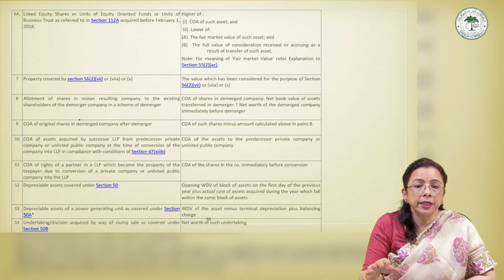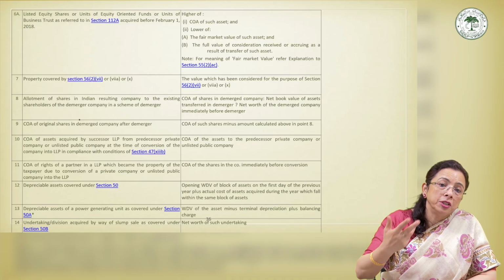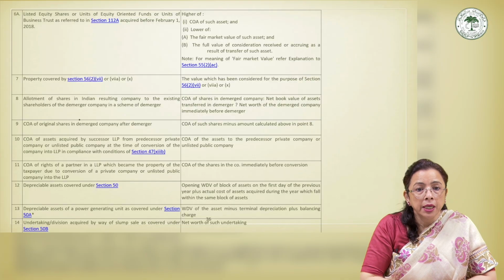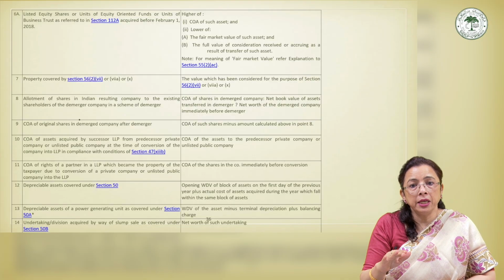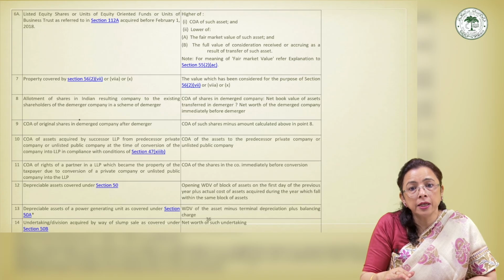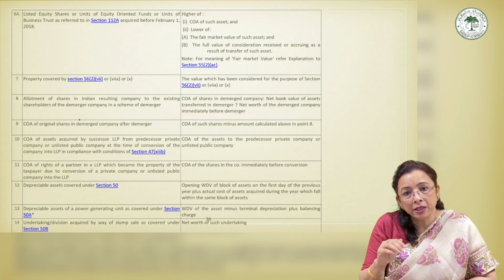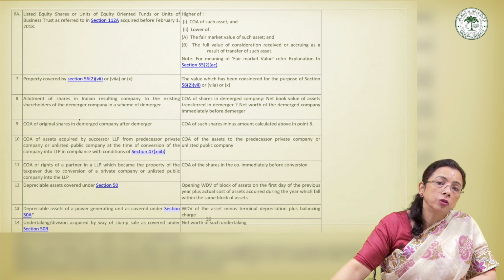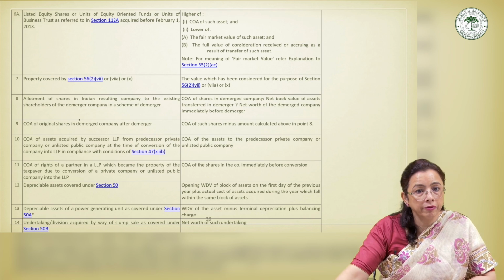This reflects the written down value concept used under the depreciation provision. So, whatever assets are depreciable, they are treated accordingly. Even if the asset is held for many years, gains under Section 50 are treated as short-term capital gain because depreciation benefits have already been claimed. So, we always compute on the basis of the written down value.